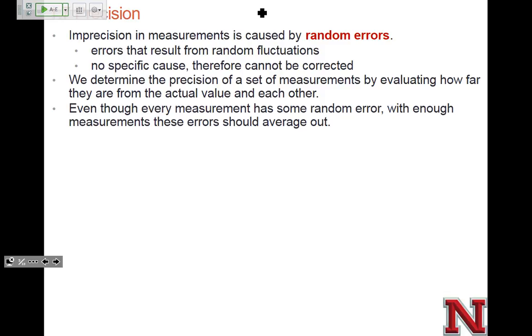There's always going to be some random error, but random errors are nice because with enough measurements, they usually average out, which is why it's common to at least take 3 measurements of something, especially when you're reporting data.